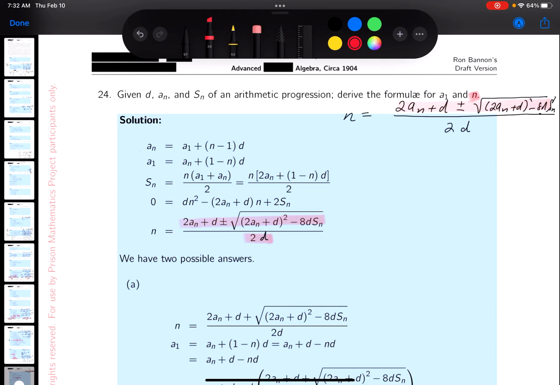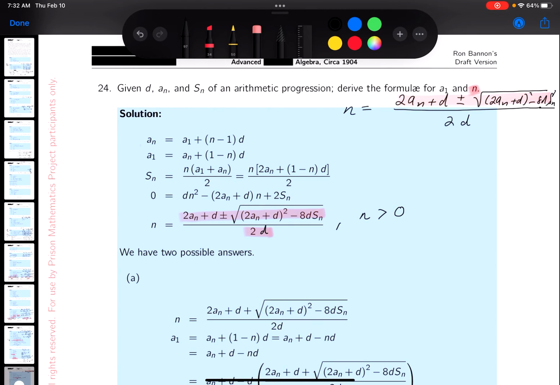Here comes my problem. I hope you realize that N must be greater than 0. It's an integer, by the way. So now I have to get a formula for a1. So let's write this down. What's a1 going to be equal to? a1 is going to be equal to AN.